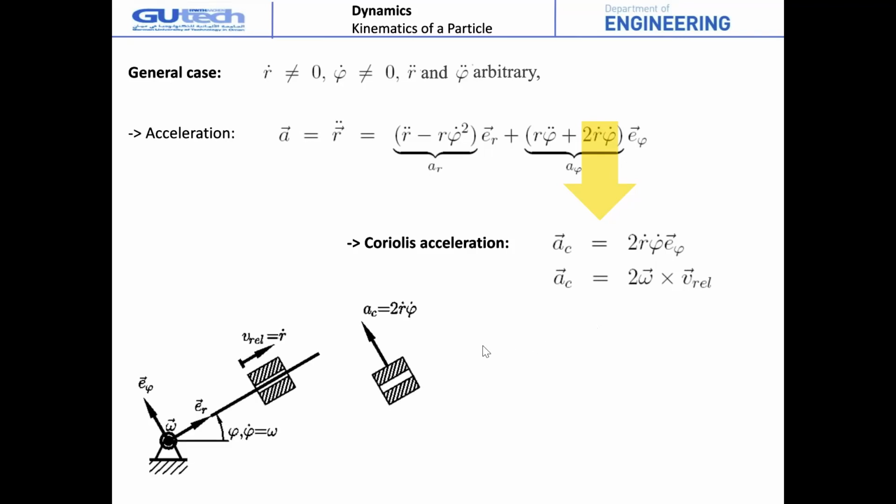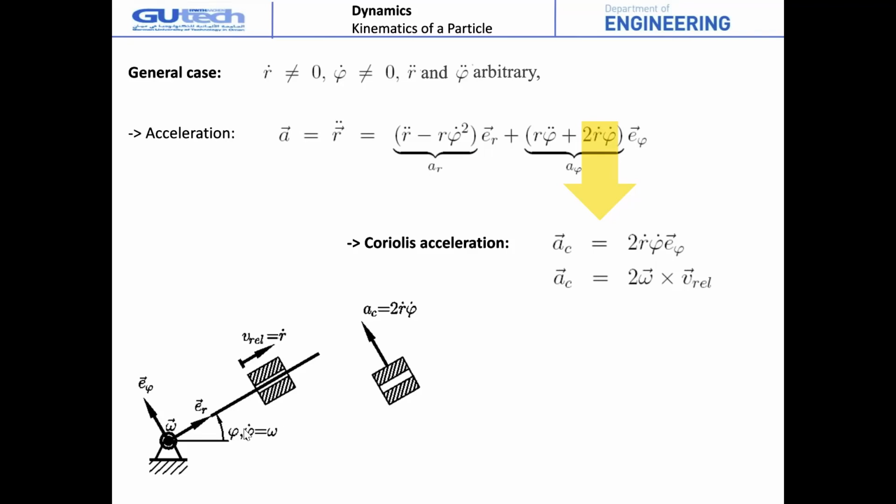Here the Coriolis acceleration is 2 times r dot phi dot, and it's along the phi direction. The relative velocity is only r dot, along the radial direction.